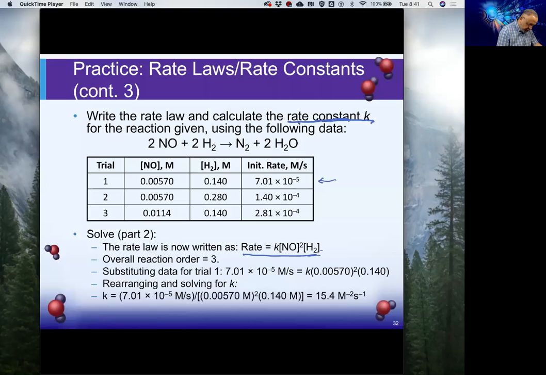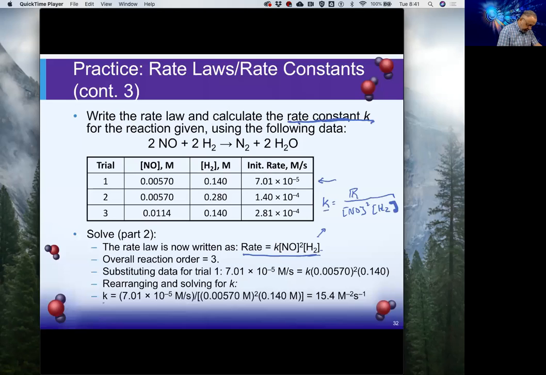So if we want to solve for k, k is going to be equal to the rate divided by the concentration of NO squared times the concentration of hydrogen. I'm just doing algebra here, solving for the rate constant.